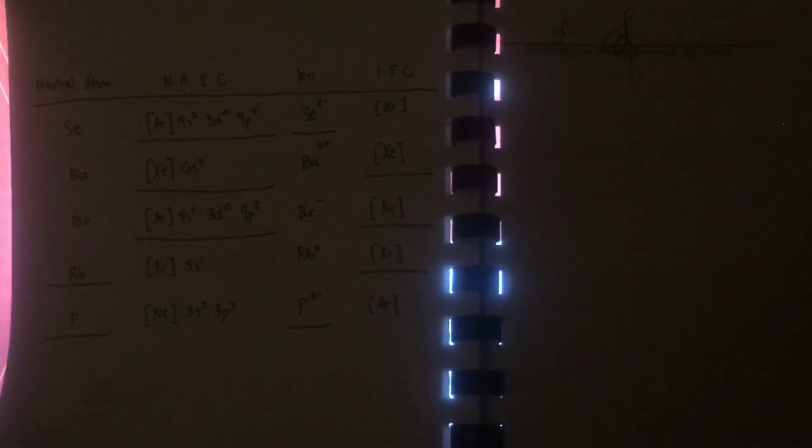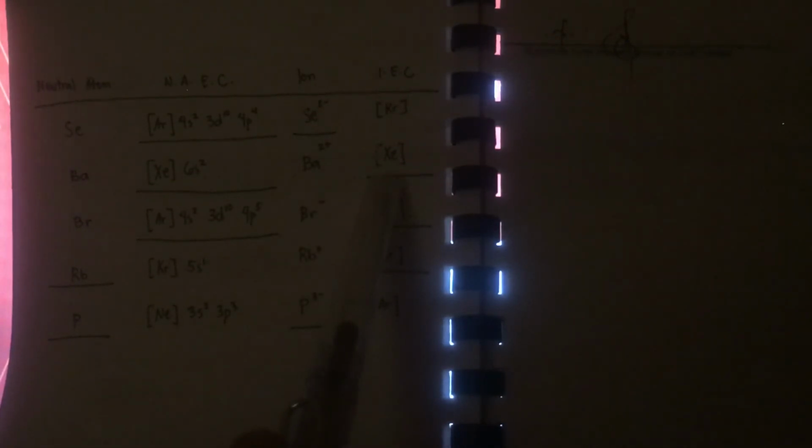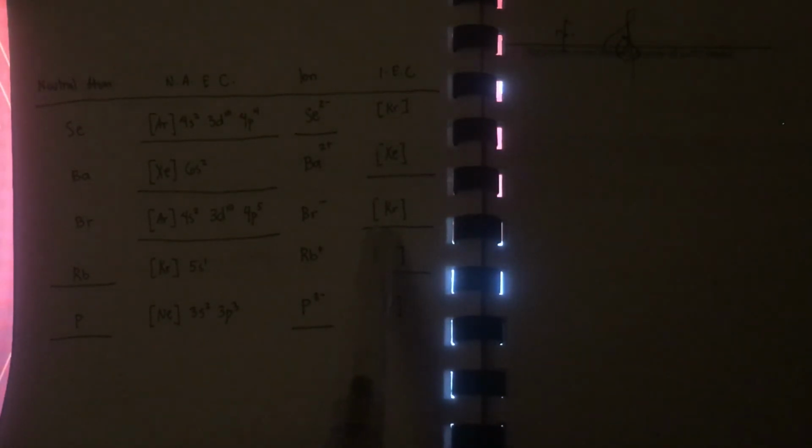For barium, this is Xe 6s2, and Ba2+ has the same electron configuration as Xe, or xenon. Bromine, Br, is Ar 4s2 3d10 4p5. The ion is Br-, which has the ion electron configuration Kr.